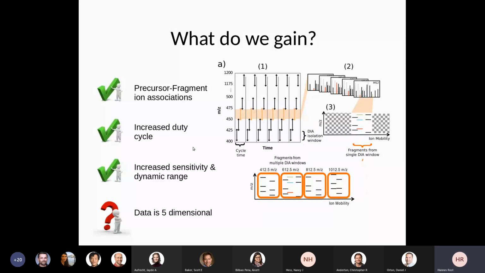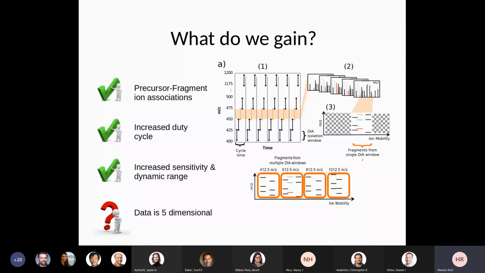However, what we then realized is that our data is now actually much more complex than the data we had before, and that we obviously needed new ways to approach data analysis. So we now had basically 5-dimensional data that had retention time, precursor mass to charge, fragment ion mass to charge, ion mobility, and intensity as its coordinates.